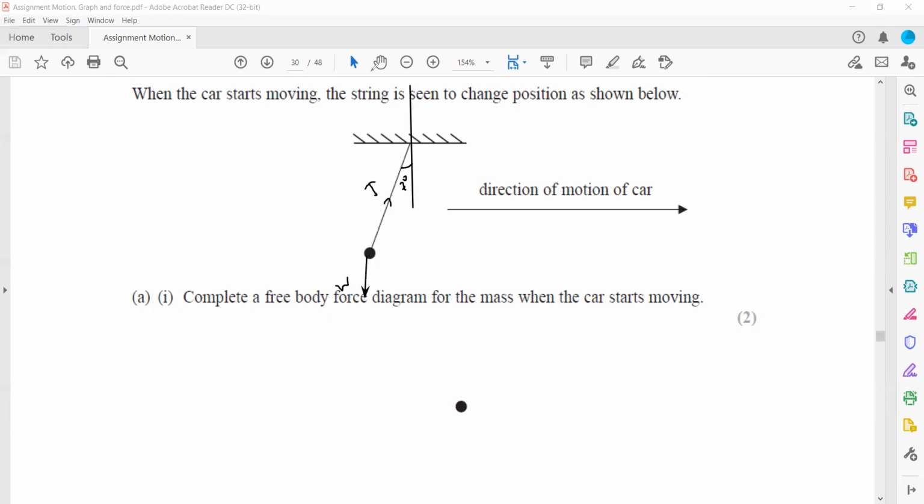This T will have two components. The one with the angle will be T cos theta, and the one against the angle will be T sin theta. Basically, T sin theta is responsible for the acceleration and T cos theta balances the weight.